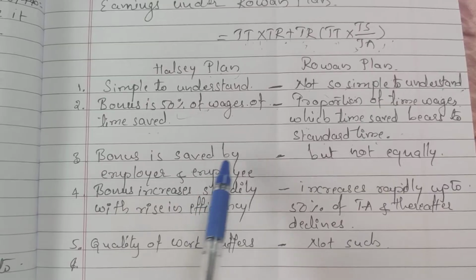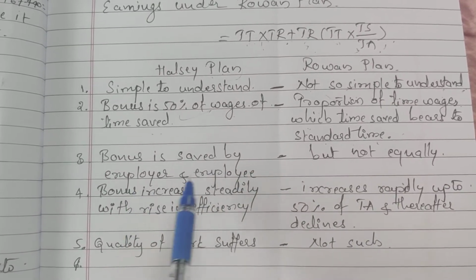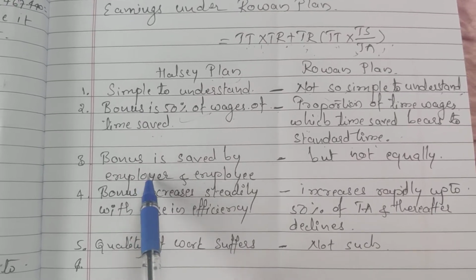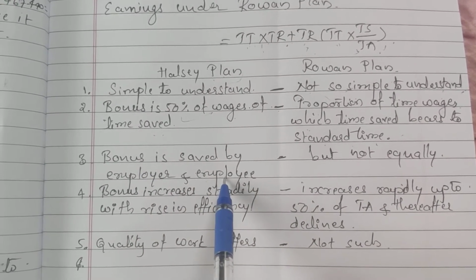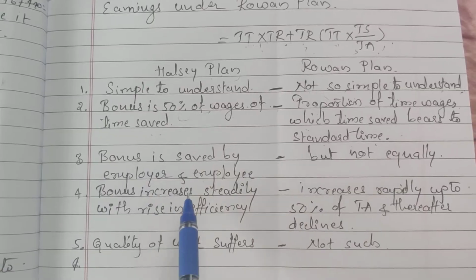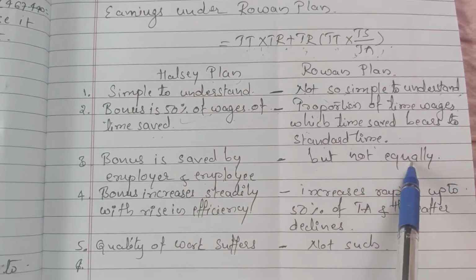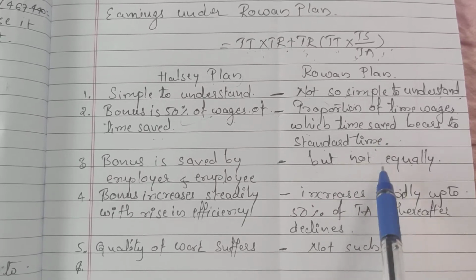Next, the bonus is shared by employer and employee both, because 50% is saved by the employer and 50% is paid to the employee in the Halsey plan. But in the Rowan plan, it is not shared equally between employer and employee.